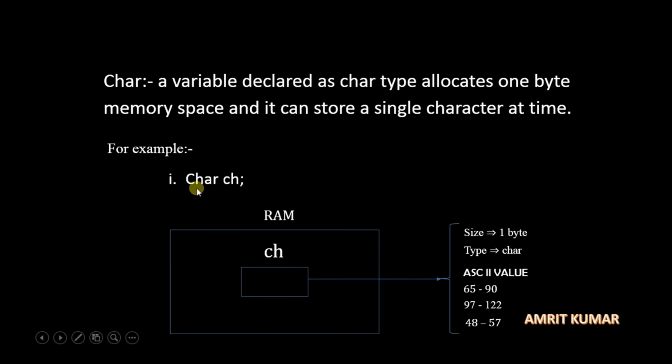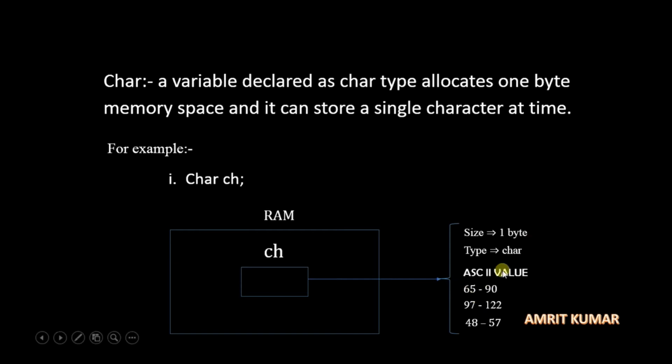Therefore the char is going to store one size. So here we can say this ch is going to store size 1 byte, type equal to char, and this ch can be from this range because this ch is a character. So it can store a single character at a time.